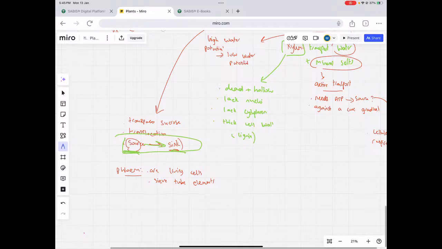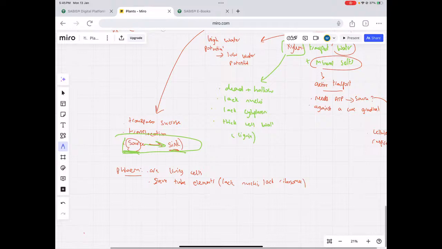But there's an important thing to pay attention to. What do these sieve tube elements lack? They lack nuclei, and they also lack ribosomes.